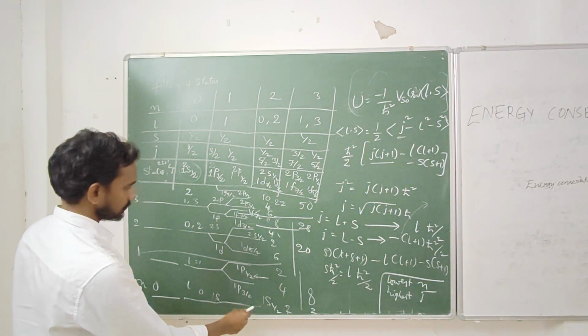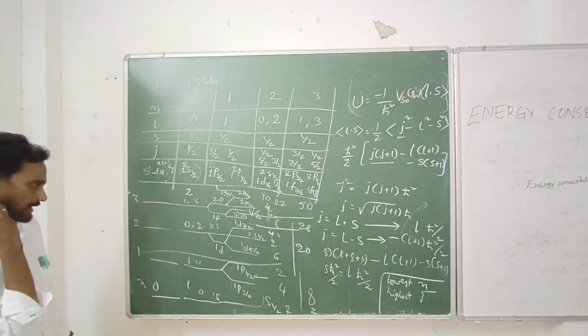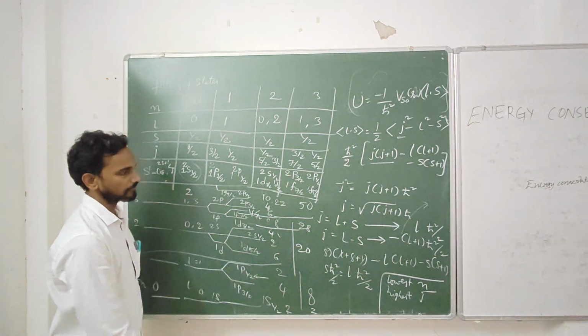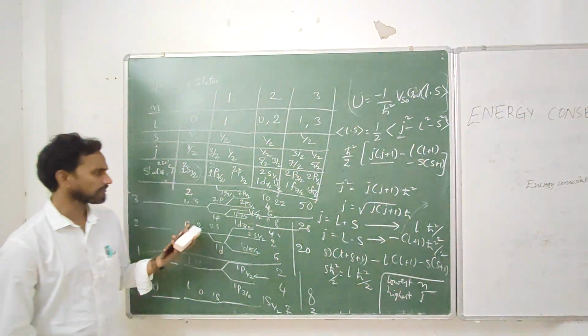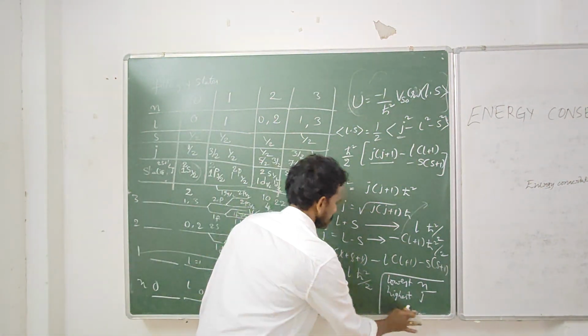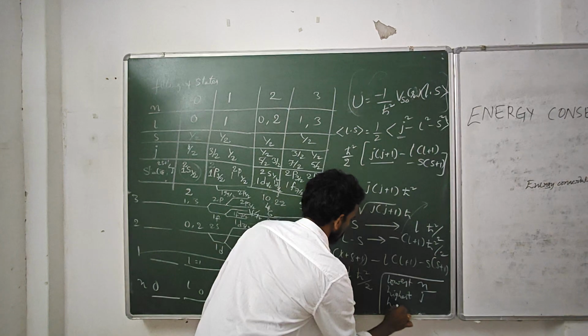Okay, so the sequence of filling of levels: lowest n value, highest j value, and if j value matches, highest L value.